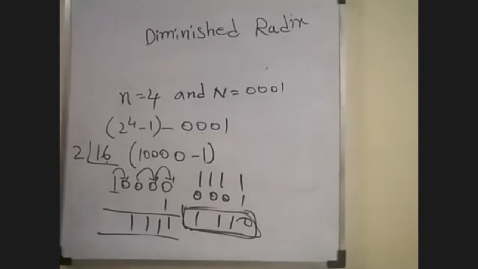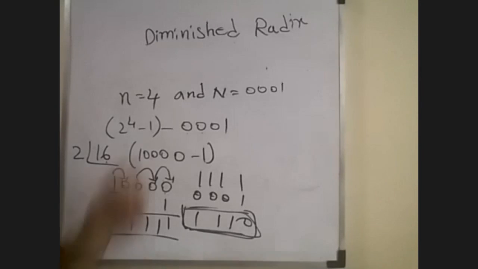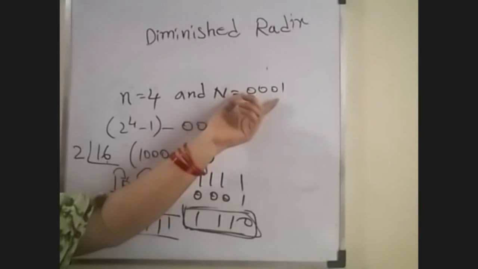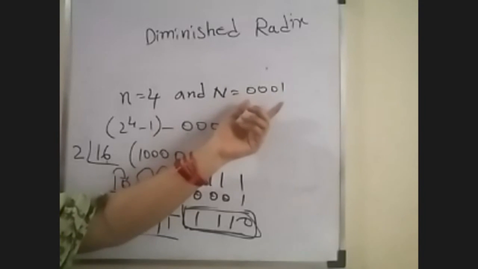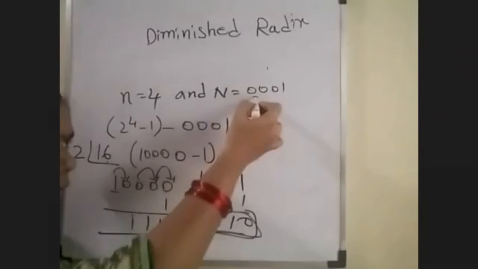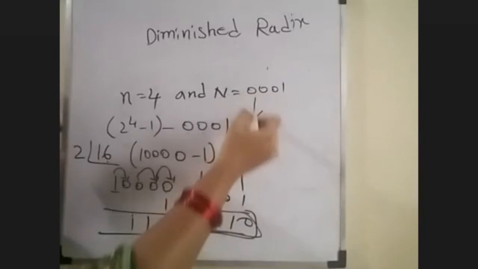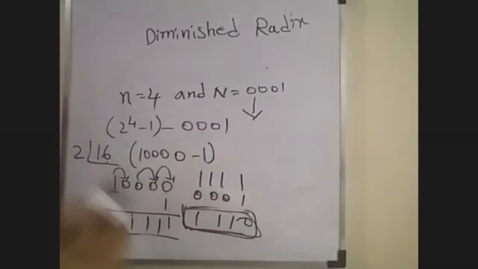Is it clear? So in this process, I will teach you a simple technique. This is the original number, 0001, the binary number. To convert to its ones complement, simply change zeros to ones and ones to zeros, then you will get the ones complement value.